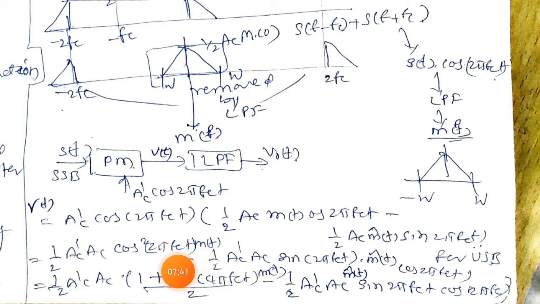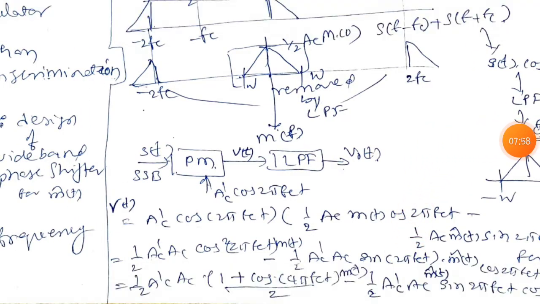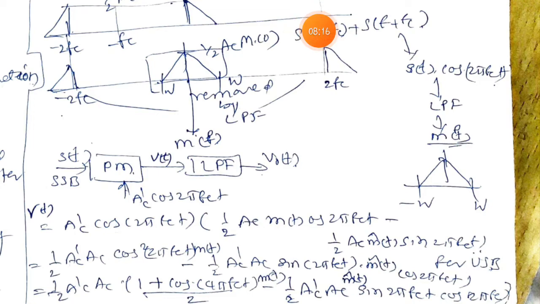Cos square theta you can write as (1 plus cos 2 theta) by 2, so that is (1 plus cos 4 pi fct) by 2. In the second term you can observe m cap(t) sin 2 pi fct cos 2 pi fct.